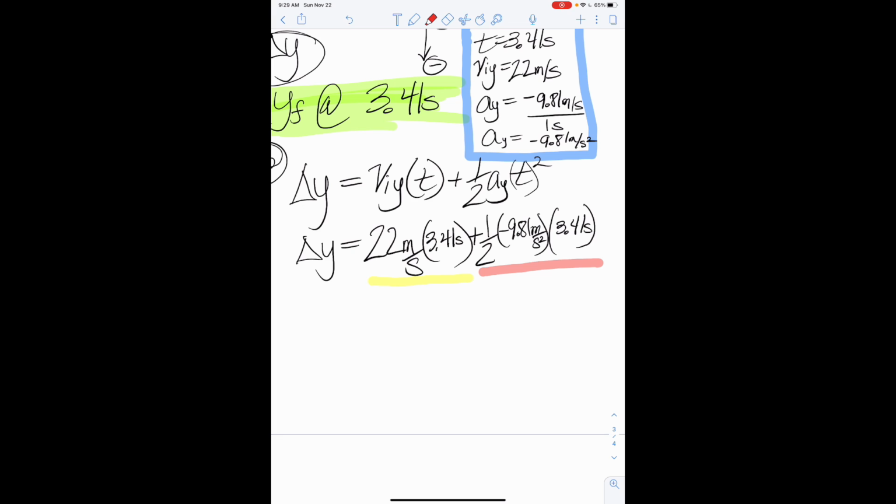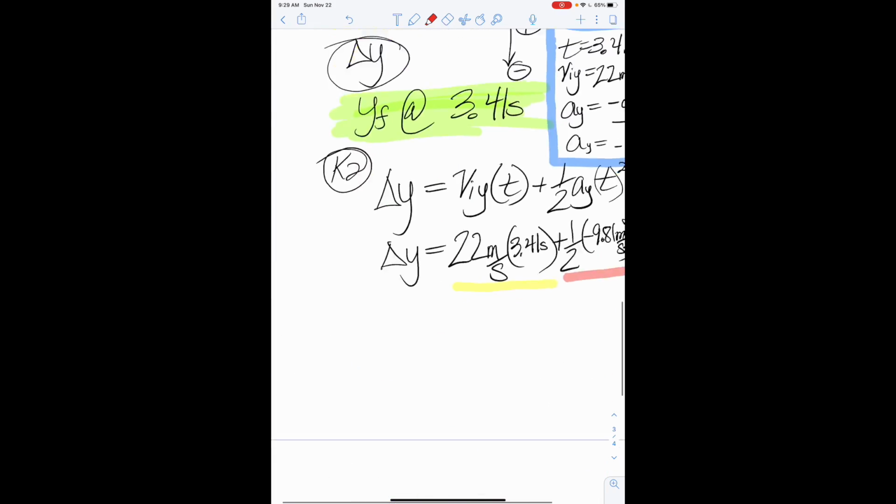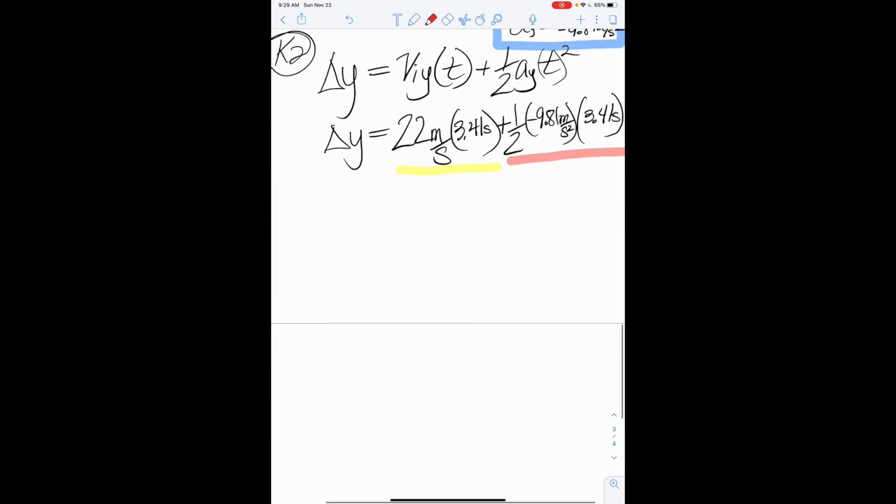Is 3.41 seconds enough time for gravity to win that fight? That's what we're saying here with this formula. So we're going to have a positive number in the yellow and then a negative number in the red, and we're going to see what happens here.